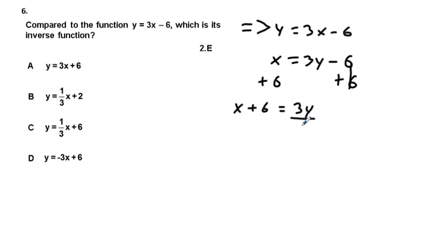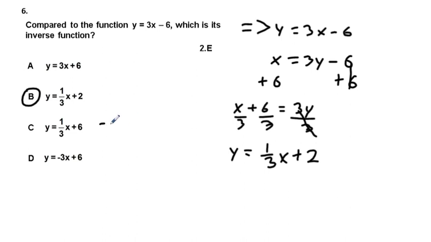If we divide by 3, y is equal to 1/3 x plus 2. Our answer choice for that is B. And if you graph these in the calculator, it is very easy to spot an inverse function.